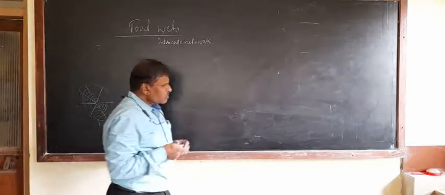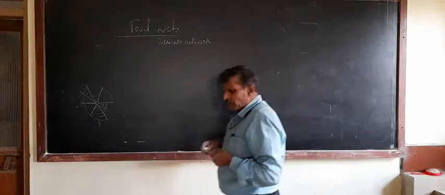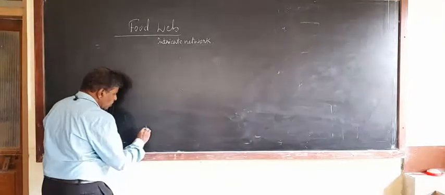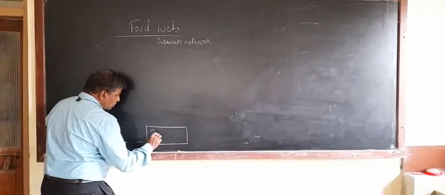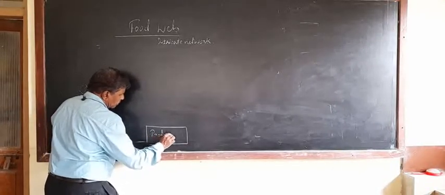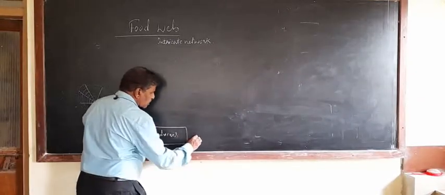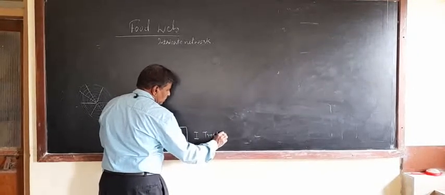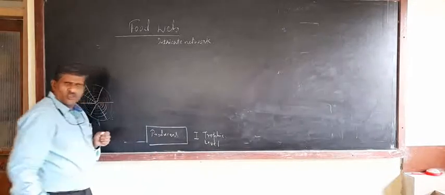I am asking one simple question. Let me consider the food chain. Usually in the food chain, we observe producers, which form the very first link, and we say they belong to the first group.